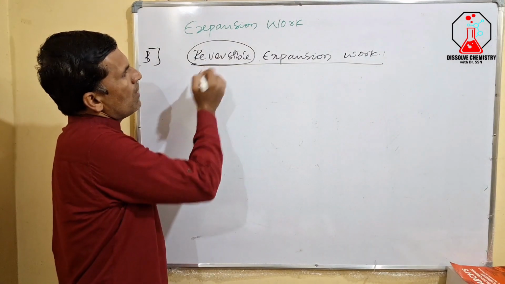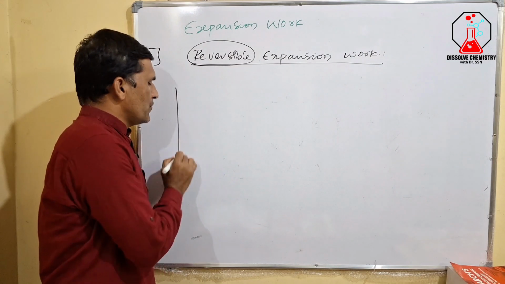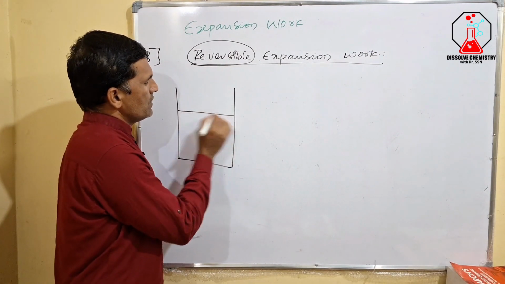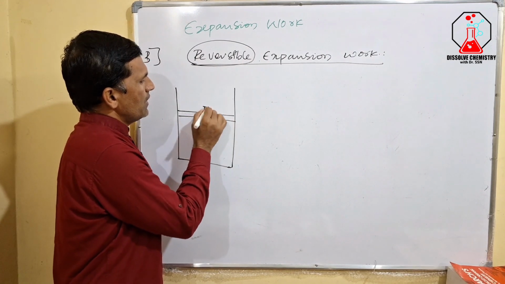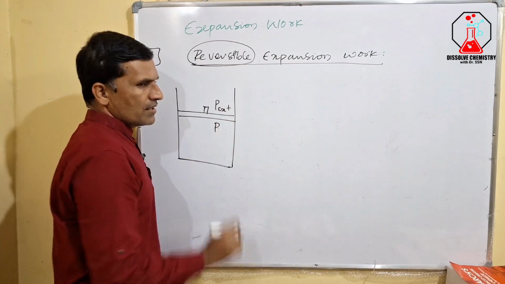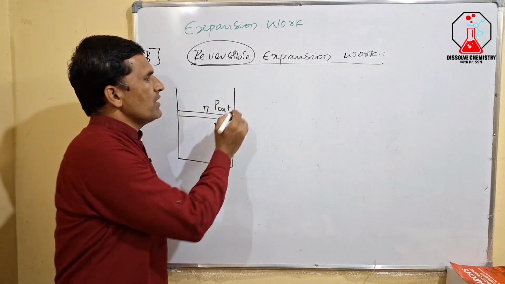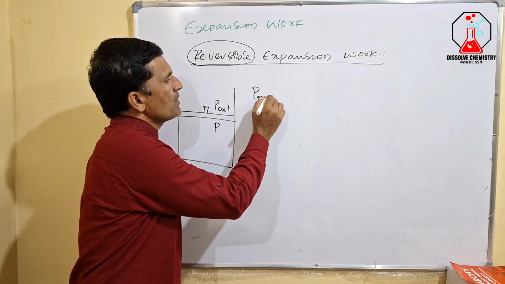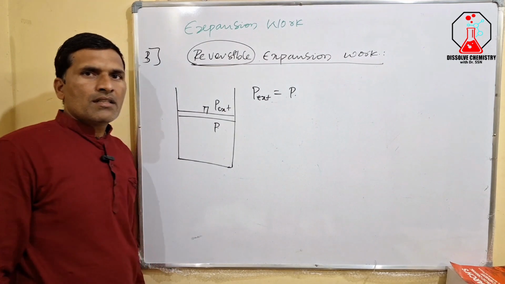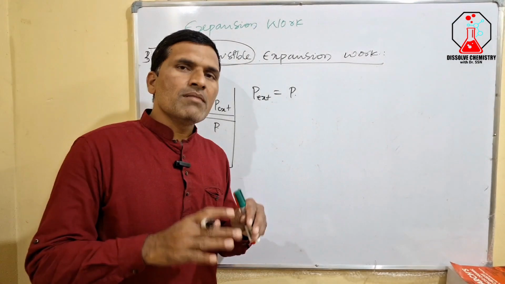So here, what is the meaning of reversible? Consider a system which has an external pressure P external and some pressure inside the system. When these two pressures are almost equal to each other, that state we call an equilibrium state.